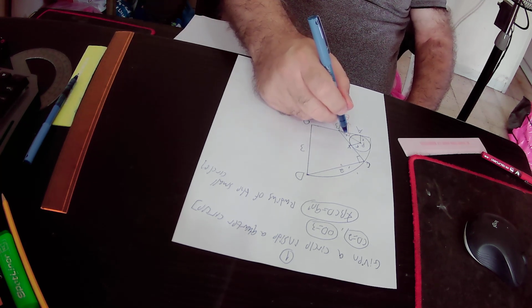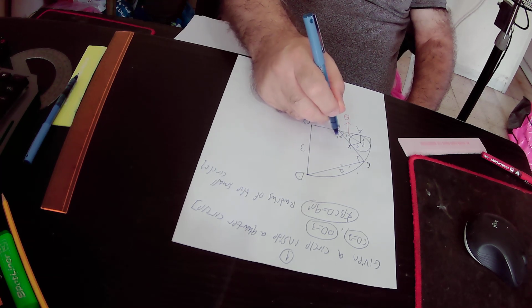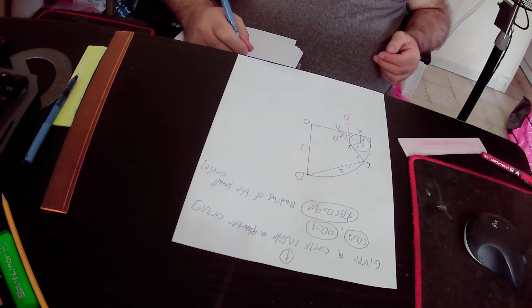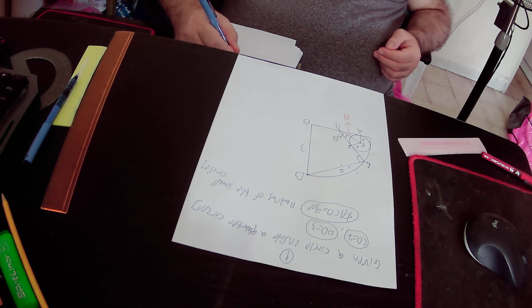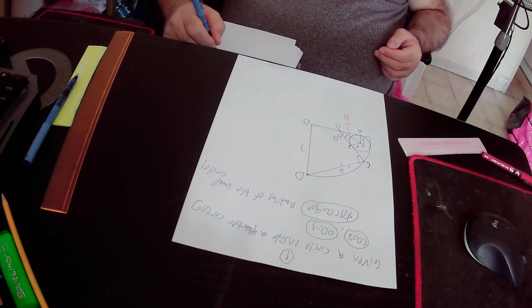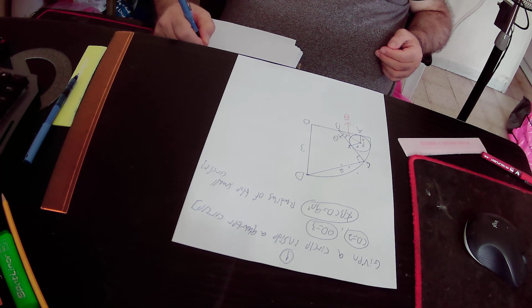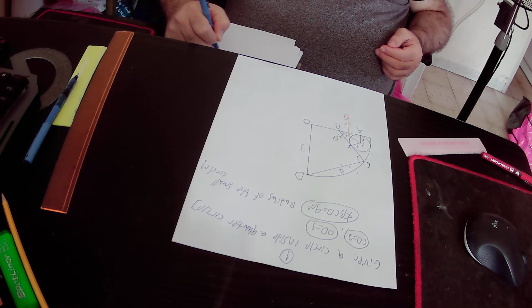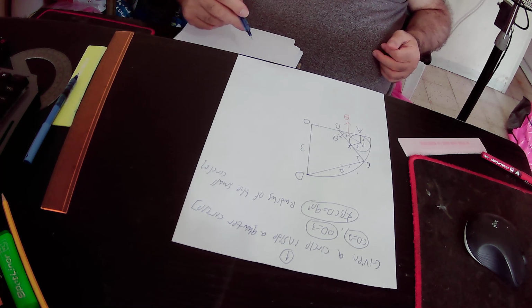Okay, this angle PBX also equals theta, and those two angles are equal to each other according to the rule that corresponding angles in congruent triangles are equal to each other.